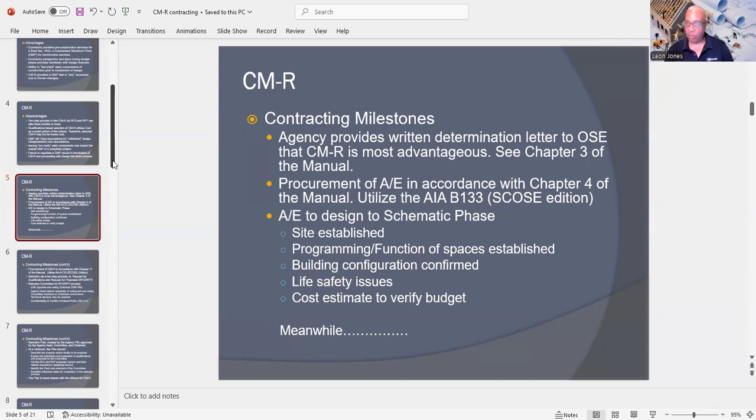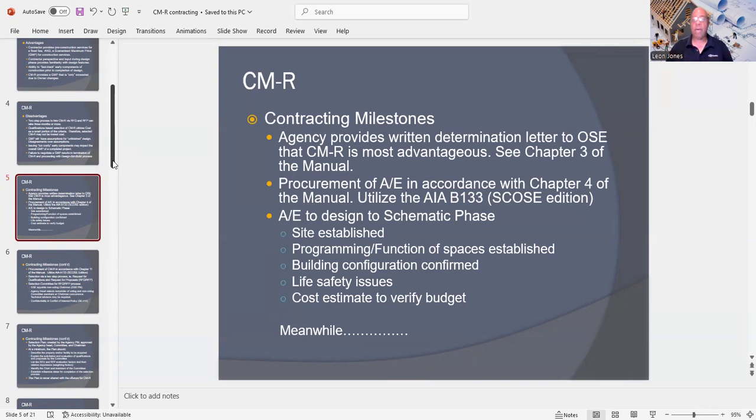Now, AE. Now, what does AE stand for? Now you might also see AEC. Well, AEC stands for Architecture, Engineering, and Construction. AE is Architecture and Engineering. So when you have an architect and an engineer under a CMAR, they're going to design to the schematic phase.